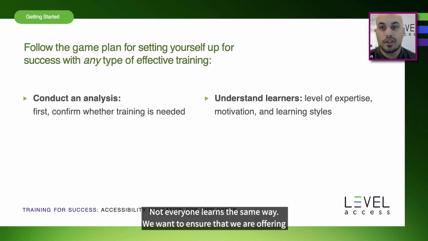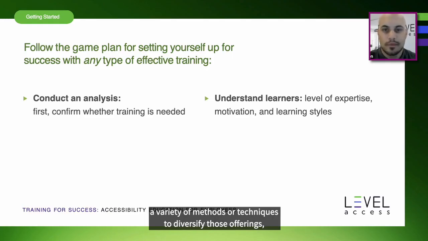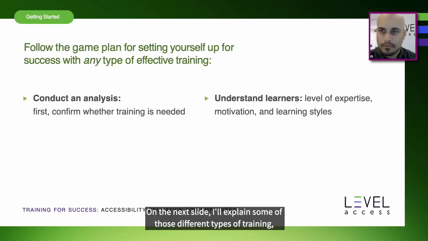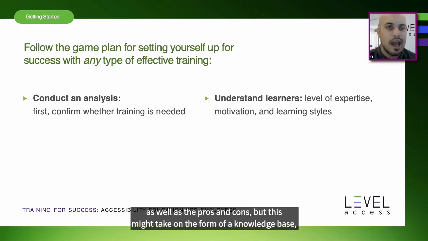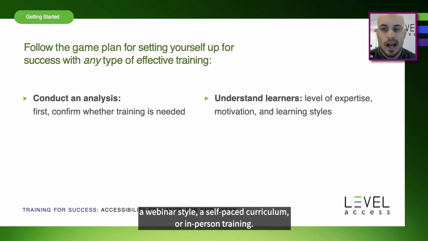We want to ensure that we are offering a variety of methods or techniques to diversify those offerings and to ensure that people are learning the way that suits them best. On the next slide, I'll explain some of those different types of training as well as the pros and cons. But this might take on the form of a knowledge base, a webinar style, a self-paced curriculum, or in-person training.